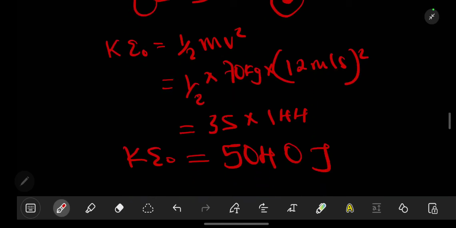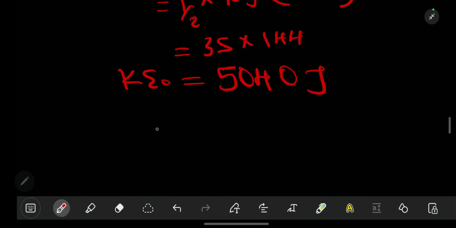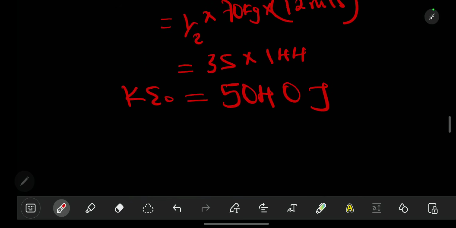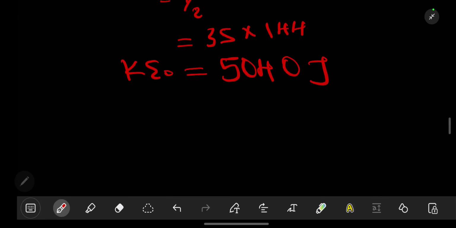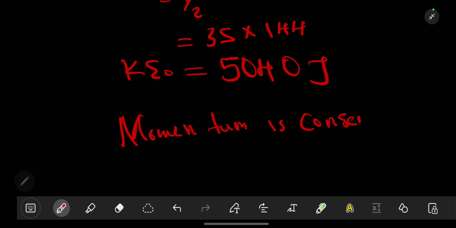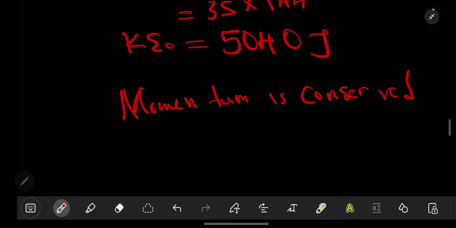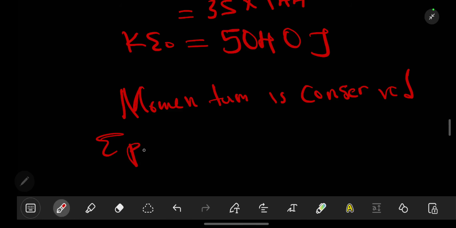So if they stick together, it means they share one common velocity. Knowing that momentum is always conserved, the summation of the initial momentum should be equal to the summation of the final momentum.